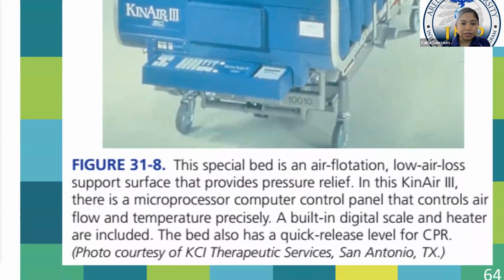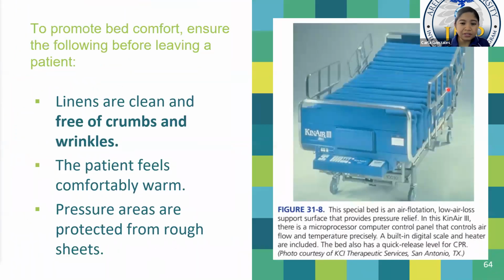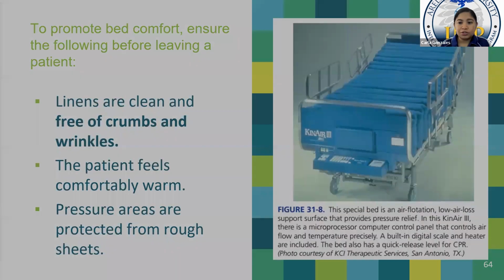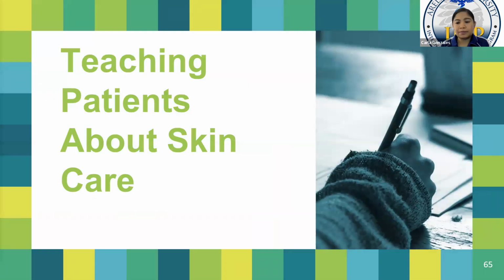An advantage is that it decreases the pressure on bony prominences. But maybe you've also seen an egg crate. That's also another type of bed that could decrease the development of pressure ulcers.